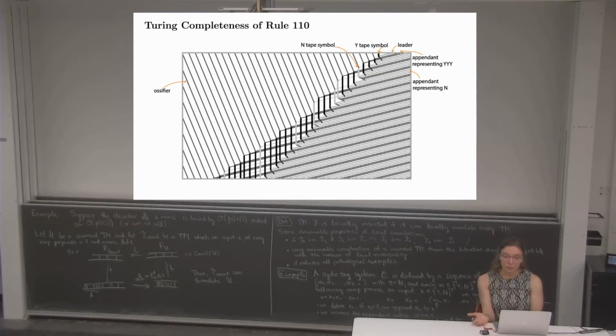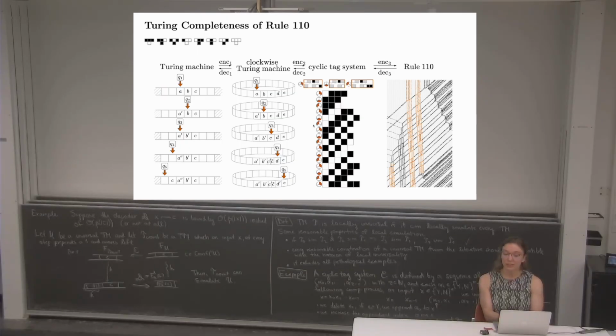But that's extremely hard in one dimension, where information can only flow in so many directions. That's why the cyclic tag system is a more suitable architecture than a general Turing machine, if you want to compare the two systems.